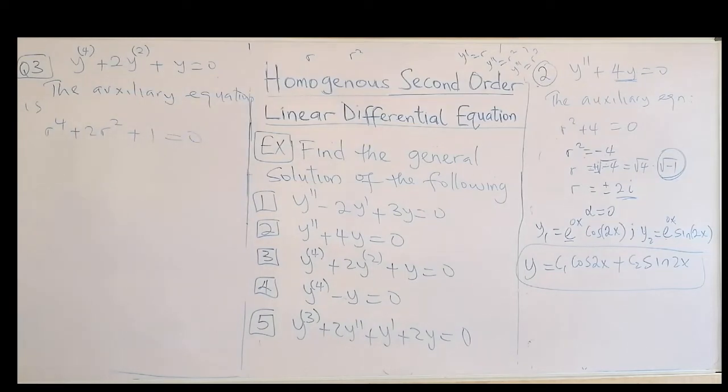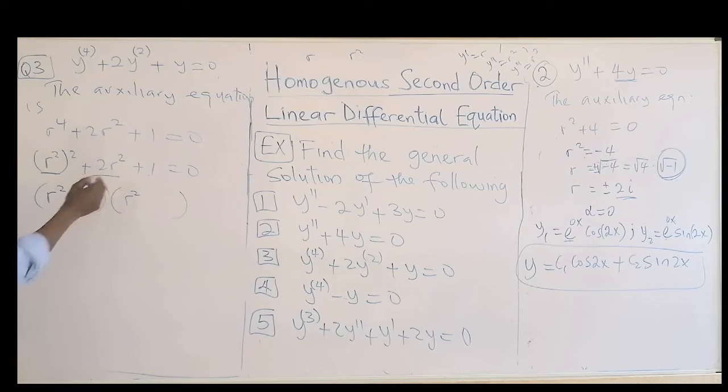What we are going to do here is split this. You can write the 2 as 1 plus 1, so we pair r squared plus 1 and r squared plus 1 equal to 0.